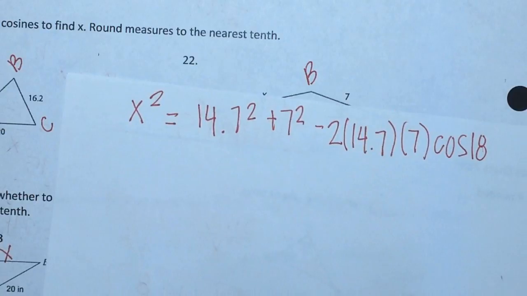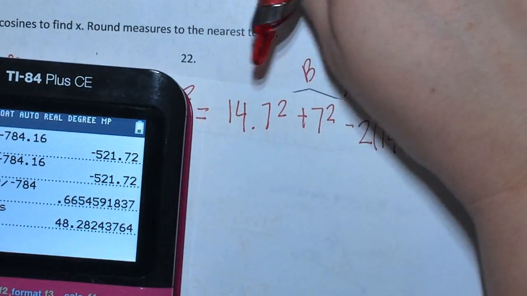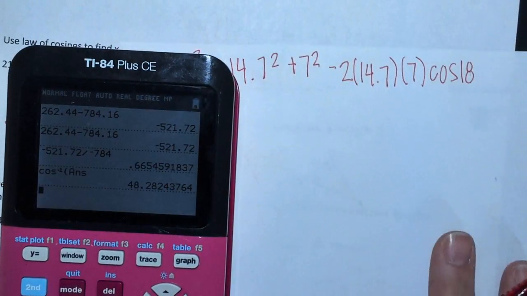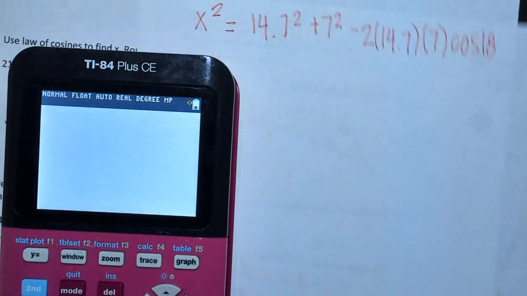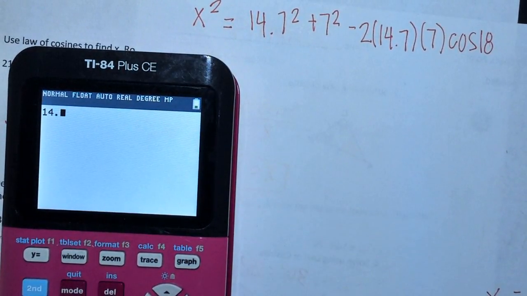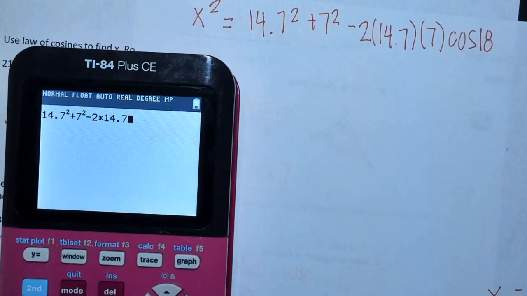This one is easier, so I saved it for last. Why is it easier? Plug it all into your calculator. 14.7 squared plus 7. But there's one thing you do have to do.